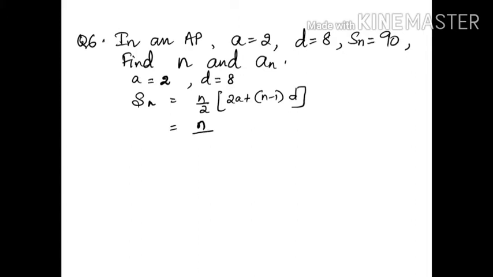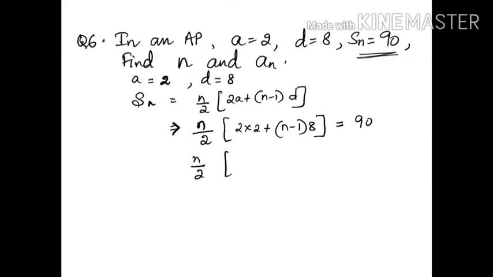So we get n upon 2 times (2 into 2 plus (n minus 1) times 8), and all this is equal to 90. Let's simplify this equation. n upon 2 in brackets (4 plus 8n minus 8) is equal to 90.